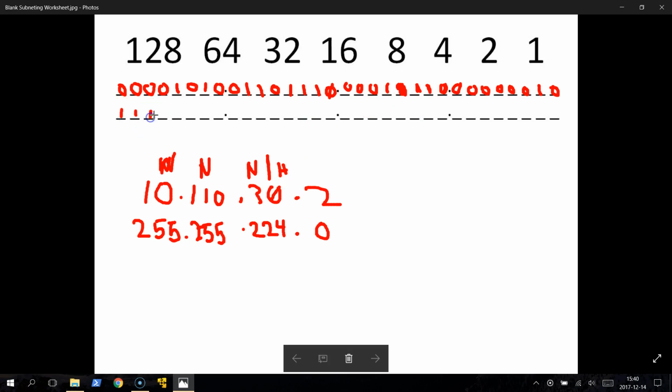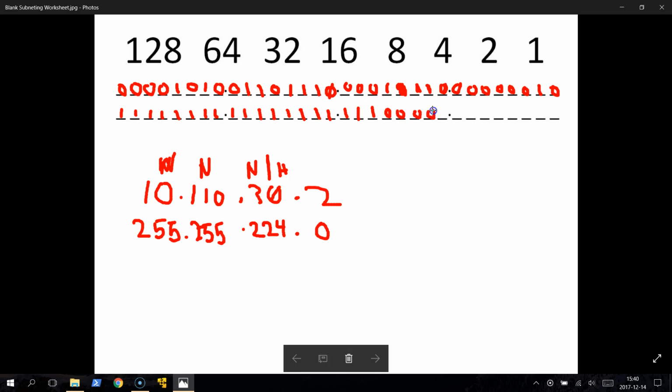These are all ones, right? 255, 255, 255: if I add all these up, I'm going to get 255. For 224, we take the 128, add the 64 to get 192, plus 32 is 224.